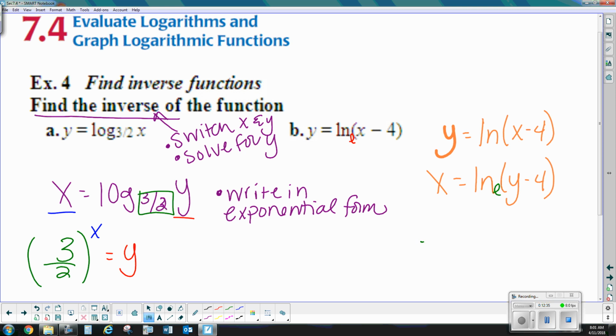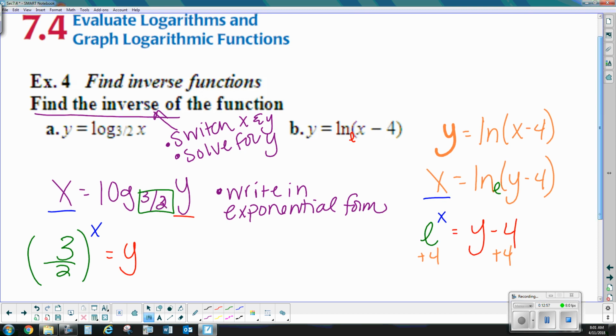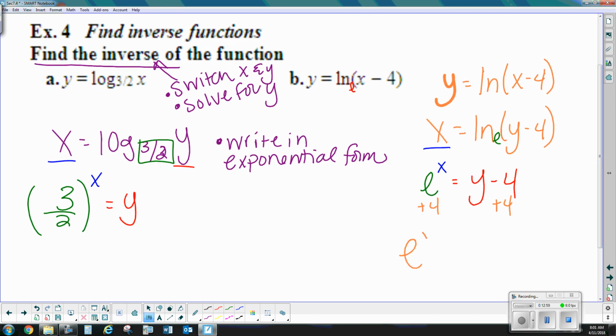So e to the x power is equal to y minus 4. And then we can add 4 to both sides to solve for y. So we end up with e to the x power plus 4 equals y.